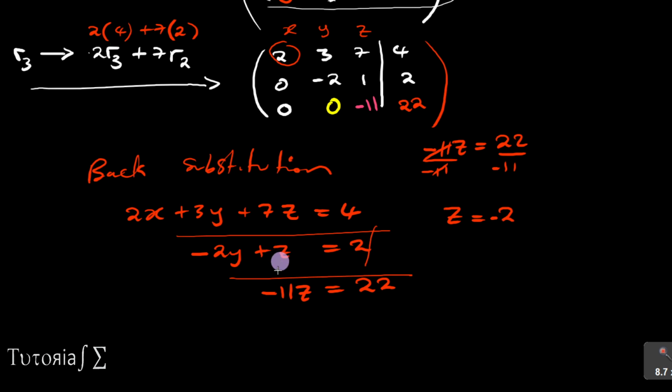So we replace our z here, so it will be negative 2y plus z, which is negative 2, equal to 2.